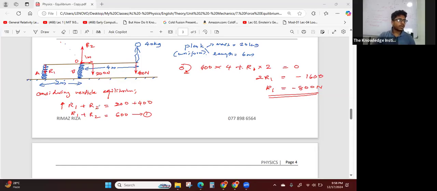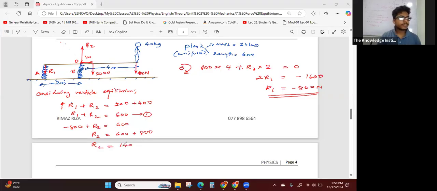So R1 equals minus 800, plus R2 equals 600. Therefore, R2 equals 600 plus 800. Therefore, R2 equals 1400 Newton.